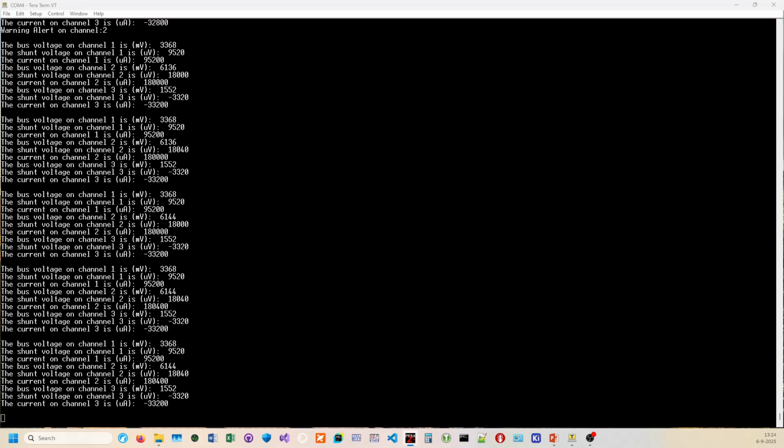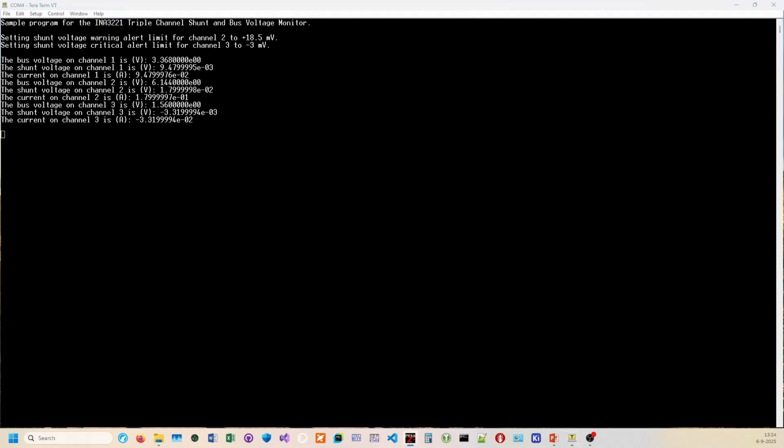Now I will load the version which uses floats, and I will do the same thing. I first reprogram my microcontroller. I will clear the screen, and we get the same functionality.